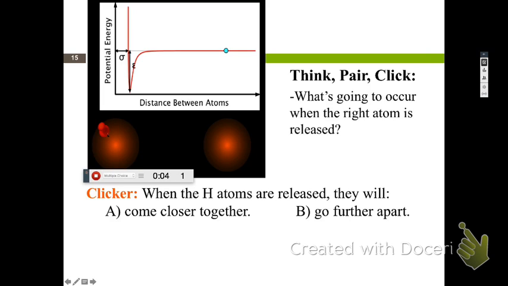Go ahead and answer the first question. When we release those two atoms, they're going to go further apart, come closer together.